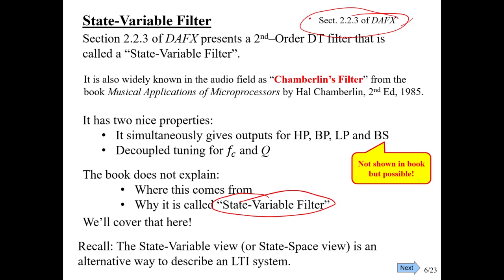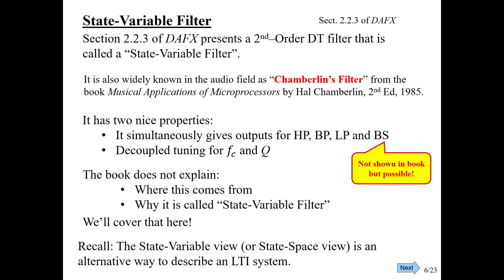And if you go back to, I think it was the last note set in Unit 1, I talked about the state space view or the state variable view, just an alternate way besides transfer function or differential equations or frequency response or impulse response. It's just a new way to think about a system.